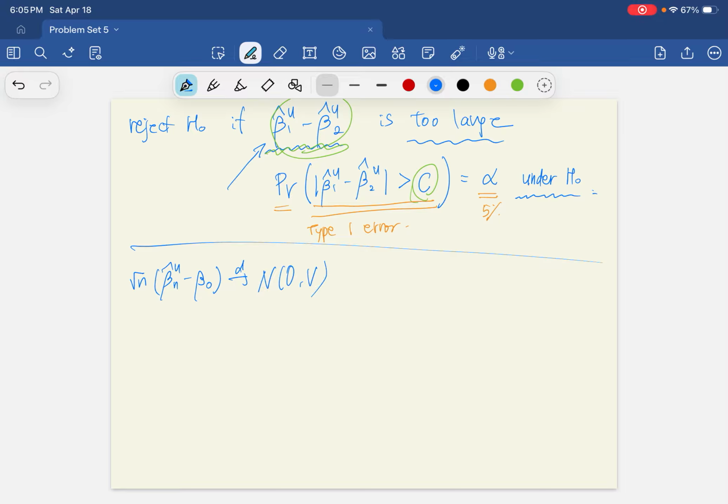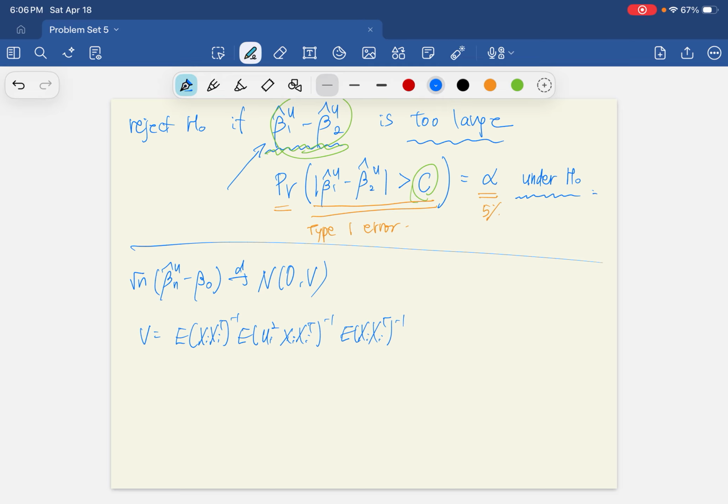So then it is straightforward, right? We know the unrestricted OLS can be written as, and the variance can be written this way.